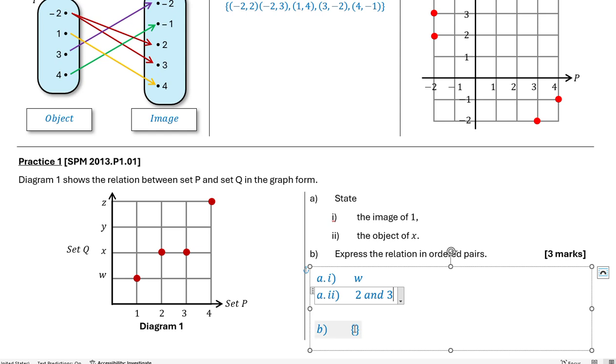Again, use parentheses, otherwise you are wrong. So 1 pointing to W, 2 pointing to X, and we've got another 3 pointing to X, and then we've got 4 pointing to C.